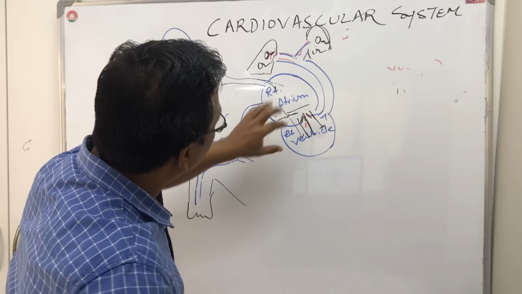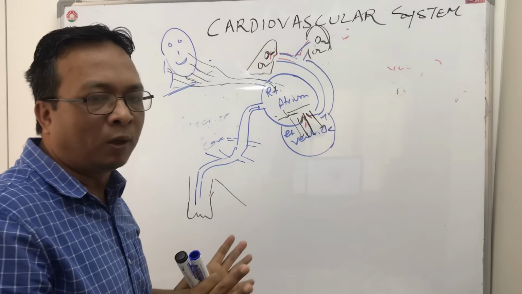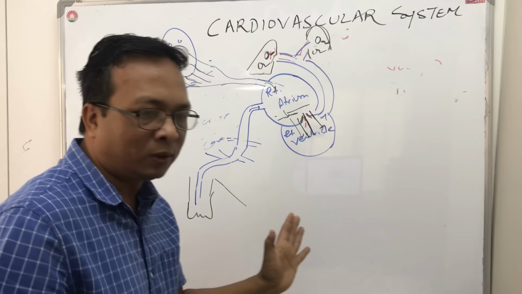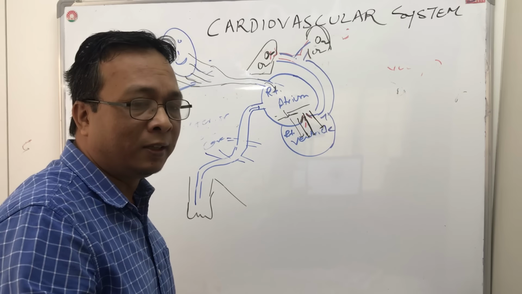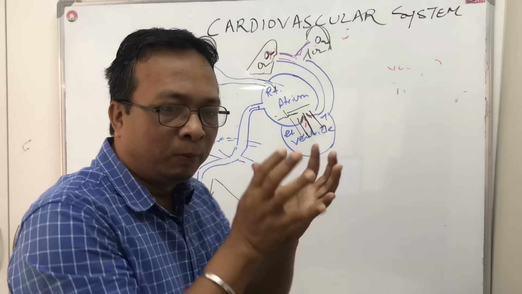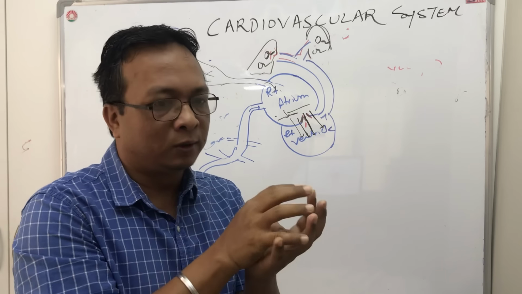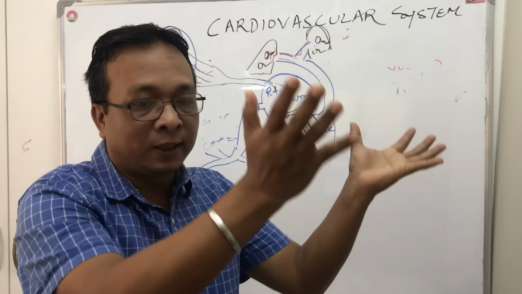Now let's say this right half of the heart has some problem. We will not discuss the causes today. But let's say with increasing age or some disease, the heart is not able to pump with force. The heart needs to pump with force so that blood ejects out.